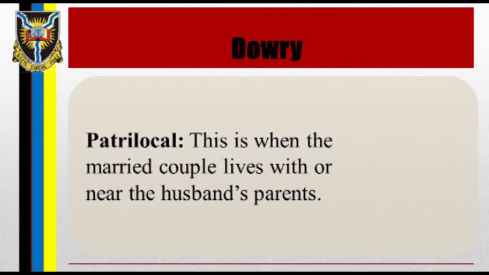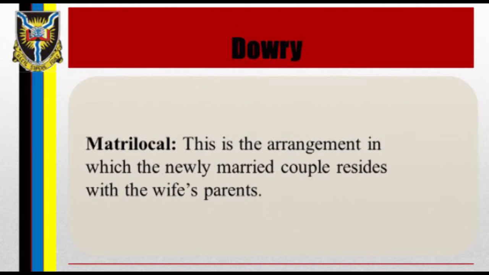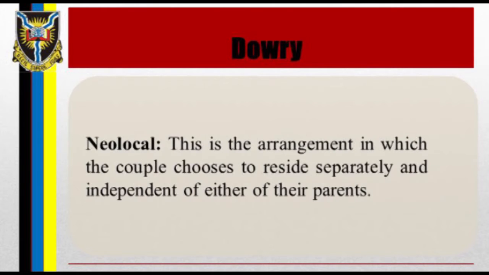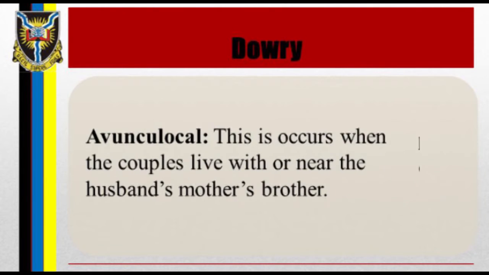Marital residence is patrilocal when the married couple lives with or near the husband's parents. However, the arrangement in which the newly married couple resides with the wife's parents is known as matrilocal. Where the couple chooses to reside separately and independent of either of their parents, it is called neolocal.